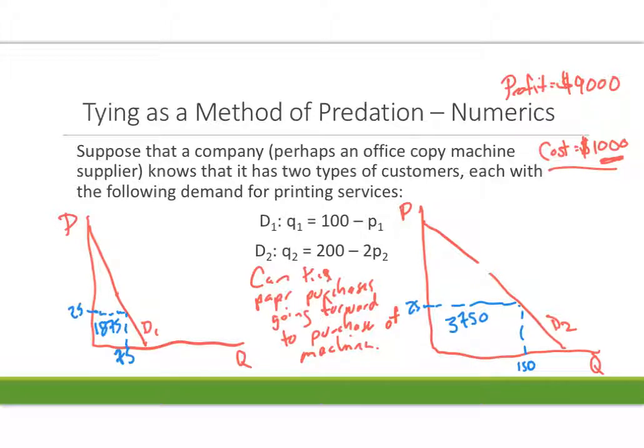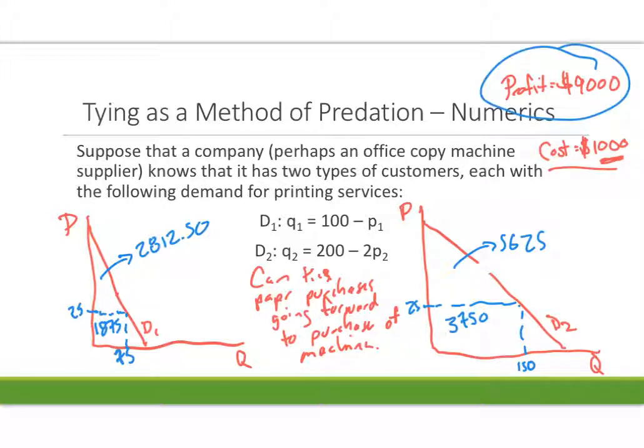They're also going to have consumer surplus. So consumer surplus, like we talked about in the last module, is below demand and above price. So in this case, price is 25. So here my consumer surplus is $2,812.50. And over here, my consumer surplus is $5,625.